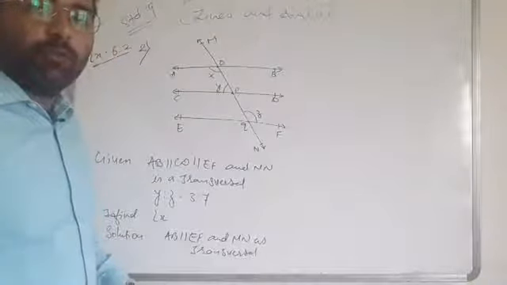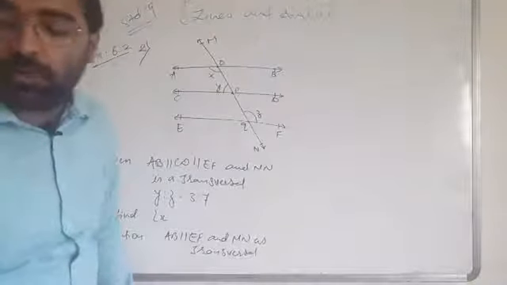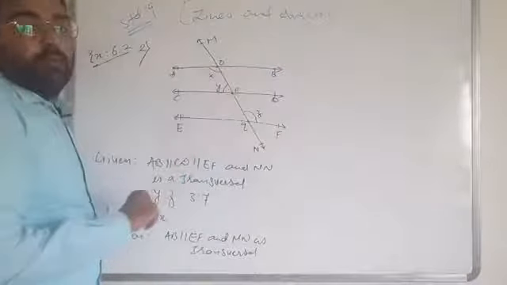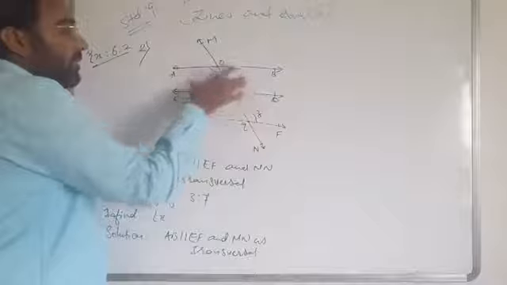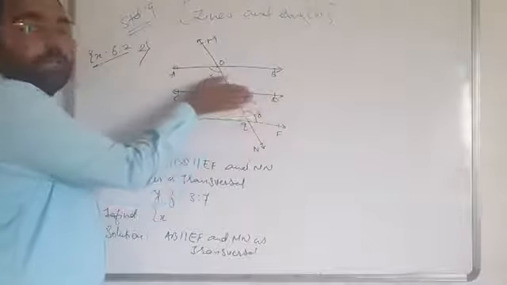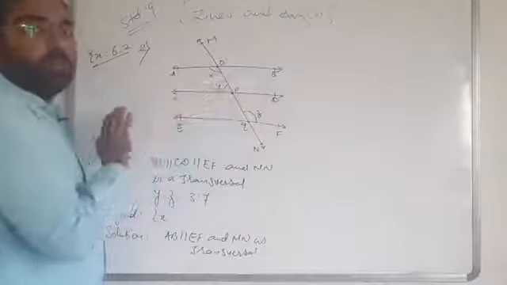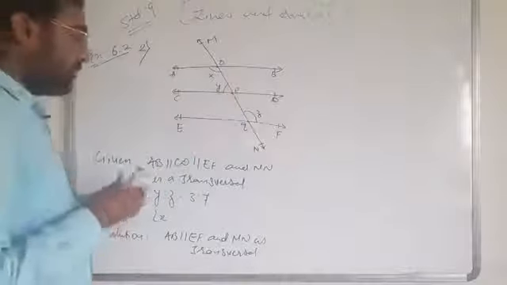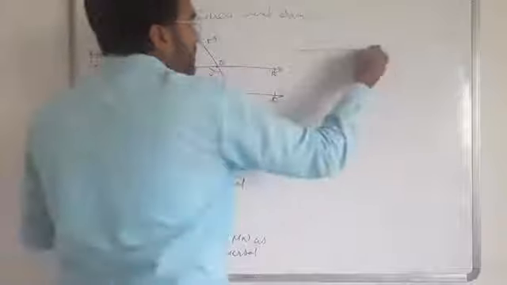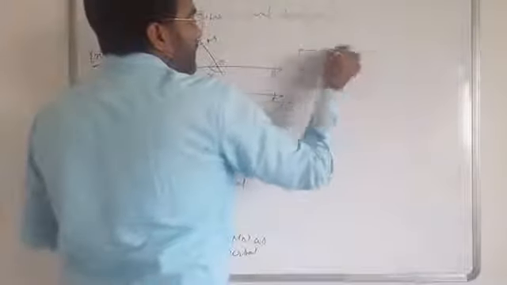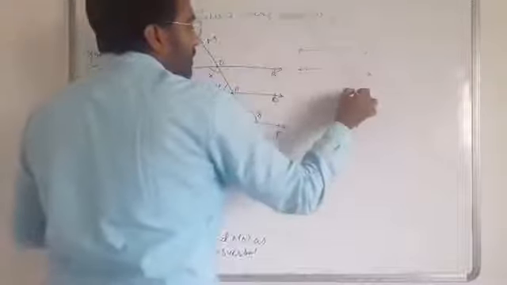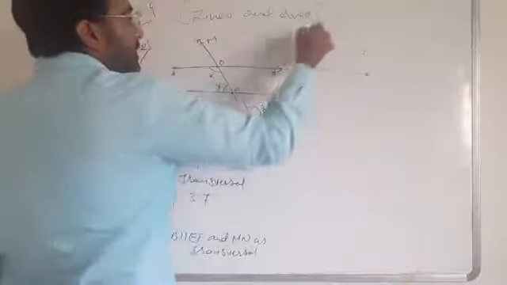Now only look at AB and EF, not CD. When I remove CD, the middle line, my figure looks like this. This is a temporary figure, so please do not draw it.